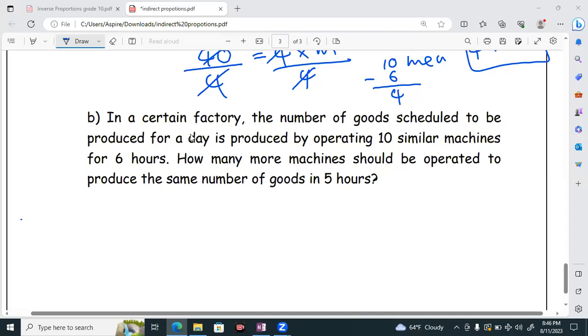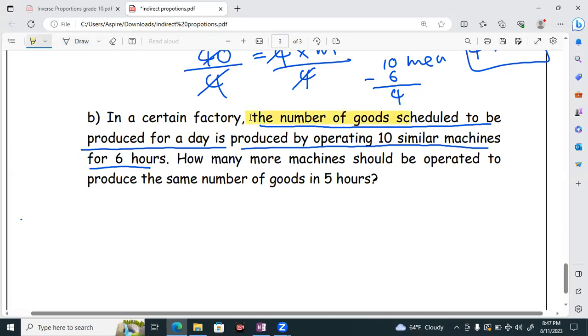Yes, how do we do this one? In a certain factory, the number of goods scheduled to be produced for a day is produced by operating 10 similar machines for 6 hours. Look here, they have mentioned this. What can you say about this sentence?